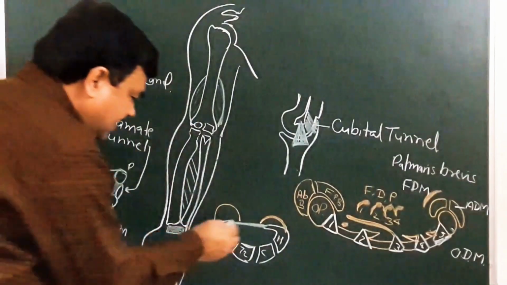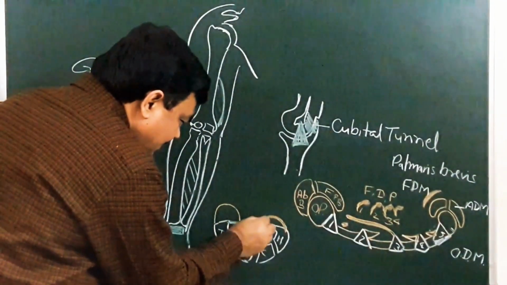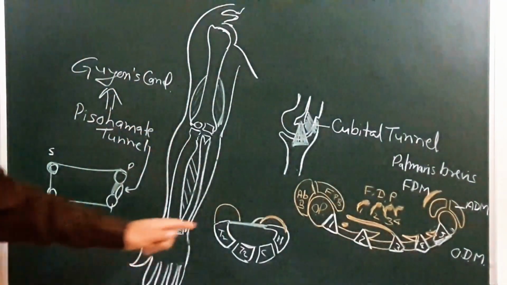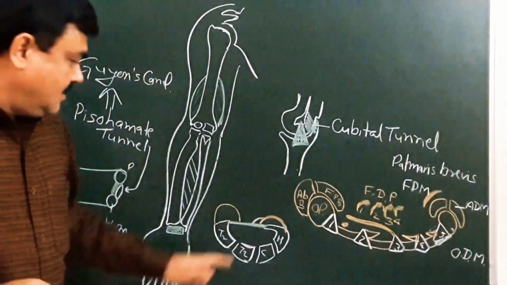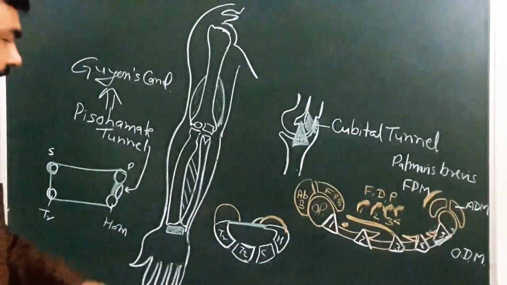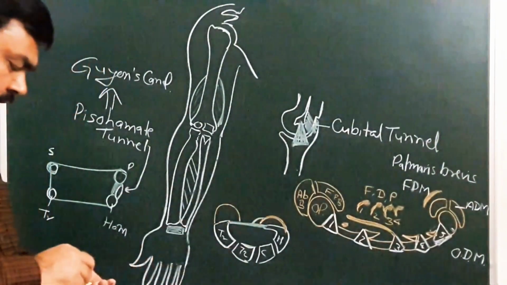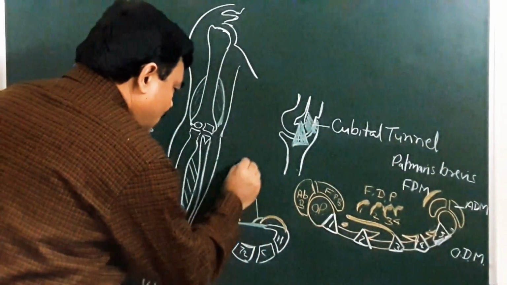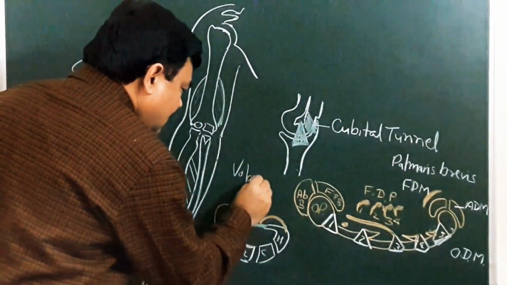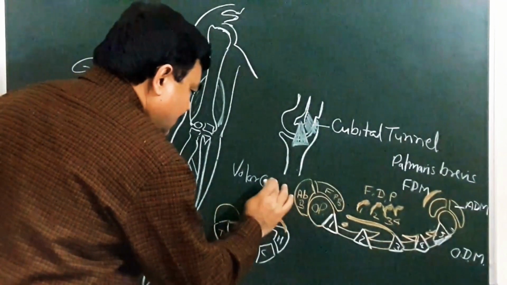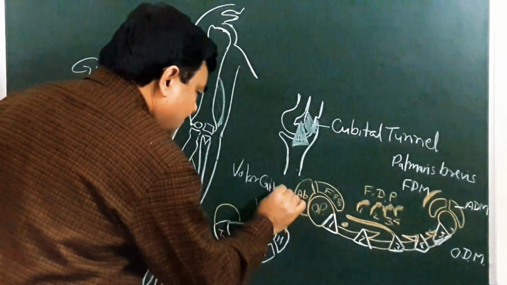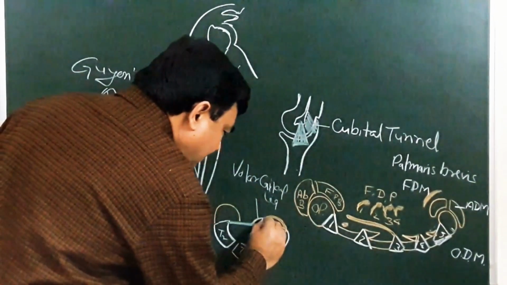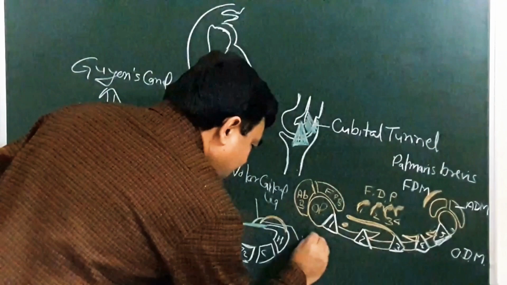And a fibrous sheath here forms the ulnar tunnel. This is the ulnar carpal ligament, and this tunnel is known as the ulnar tunnel.